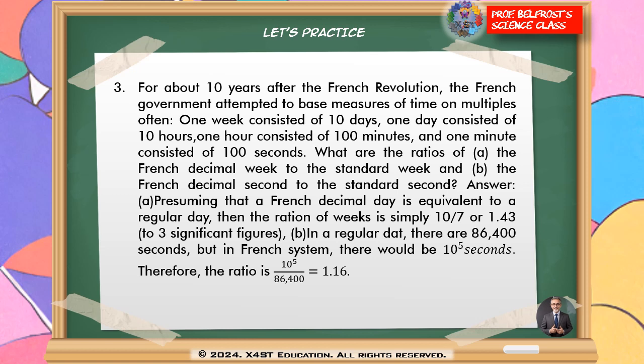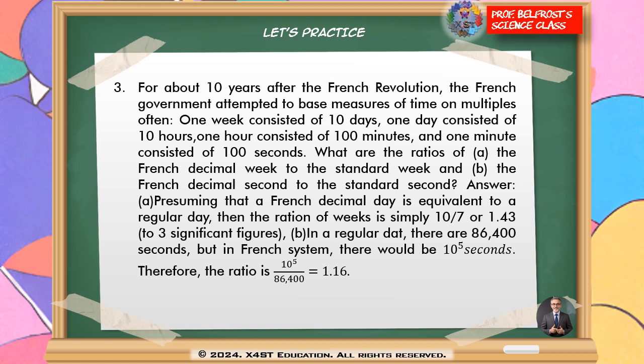So, the answer. For A, presuming that a French decimal day is equivalent to a regular day, the ratio of weeks is simply 10 over 7, or 1.43 if we express it in three significant figures.